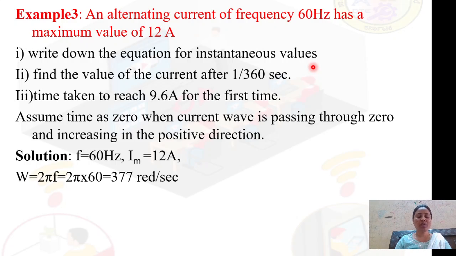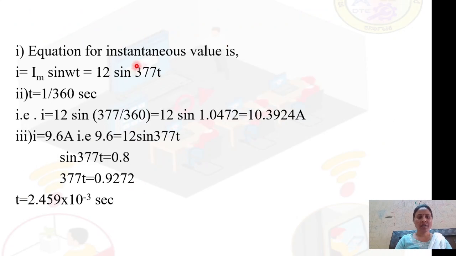We know Im, but we have to find omega. Frequency is given, so omega is 2 pi f. With f as 60 Hertz, we get 377. Substituting in the equation, we get 12 sin 377t.